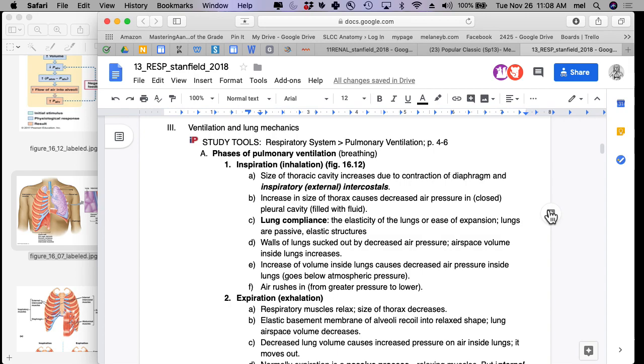So we are going to change the size of the thoracic cavity in response to contracting the diaphragm and the external intercostal muscles. You guys probably already know this, but when you breathe in, you're going to take your diaphragm from being bell-shaped, yeah, to being flat.